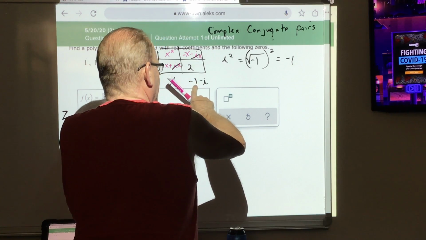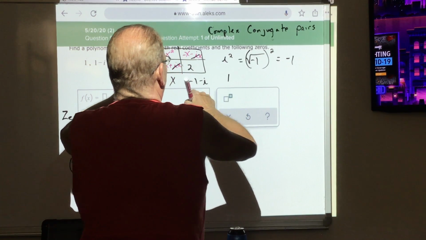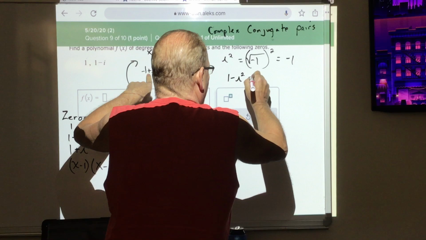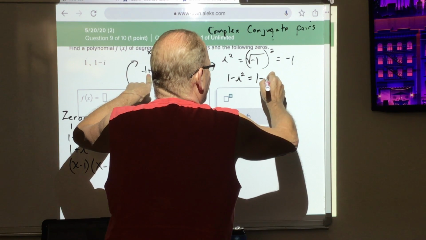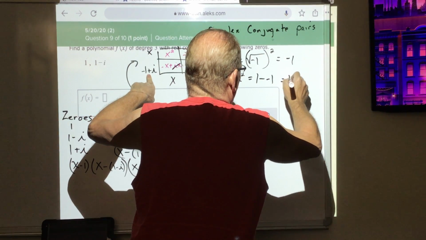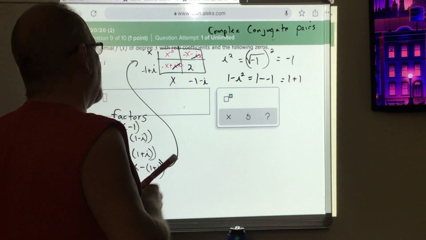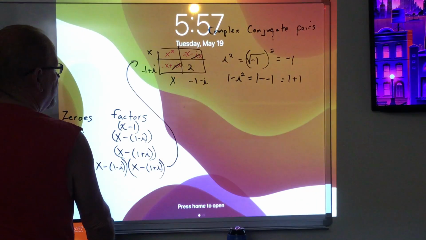Negative 1 times negative 1 is positive 1, minus i squared is the same as saying positive 1 minus negative 1, which is the same as saying 1 plus 1. I know it's as easy as 1 plus 1.